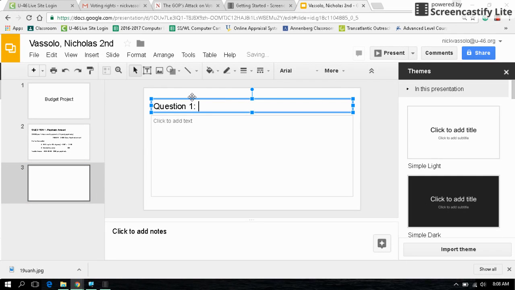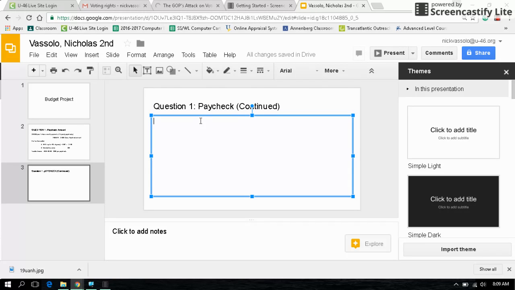Question 1, paycheck, continued. Got it. So we'll have our taxable income here, $850. Then we'll move that over here.